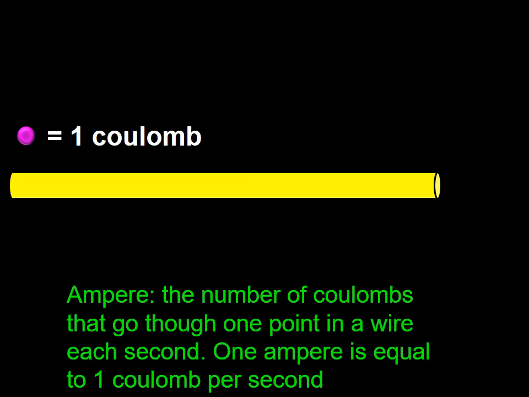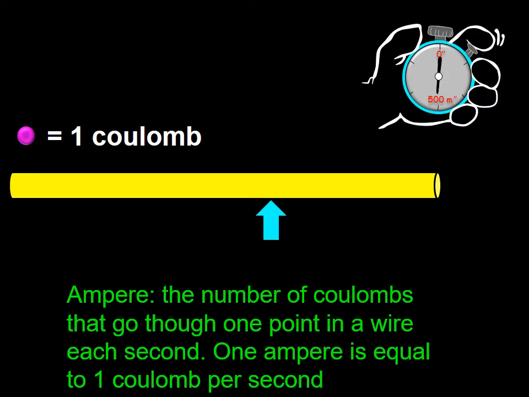I will give you an example. Let's say that the yellow cylinder is a wire. The blue arrow indicates a point in the wire. The stopwatch is in milliseconds. It is there to represent time.